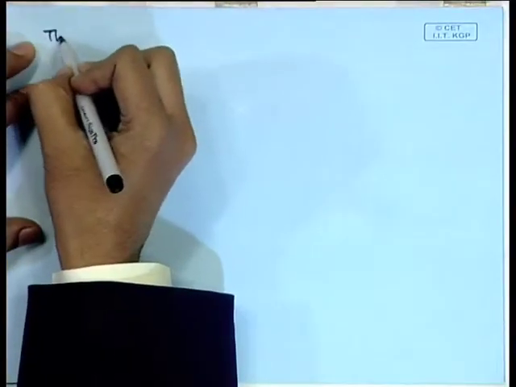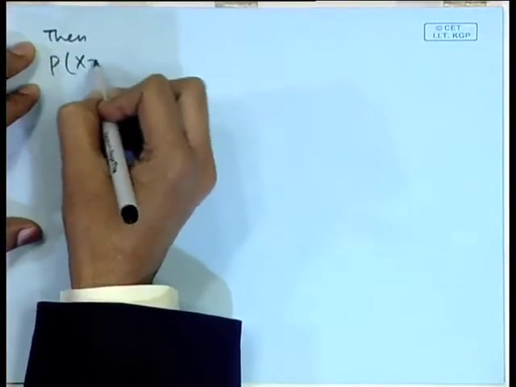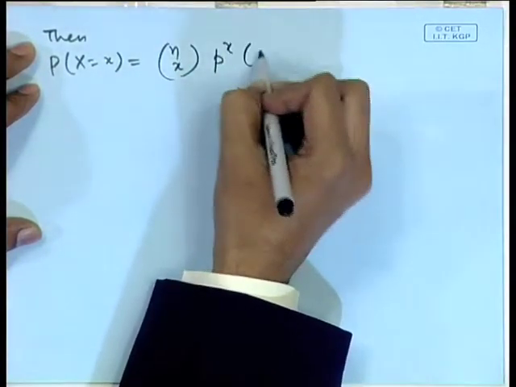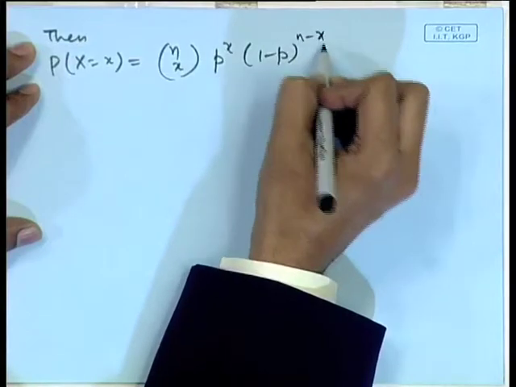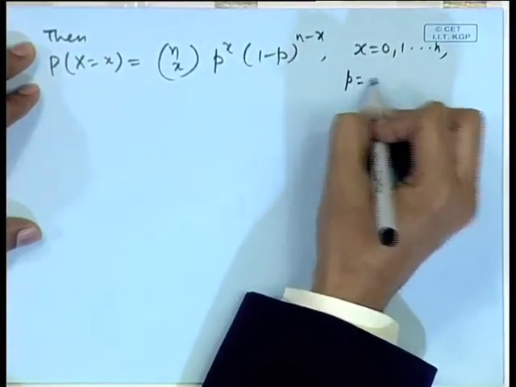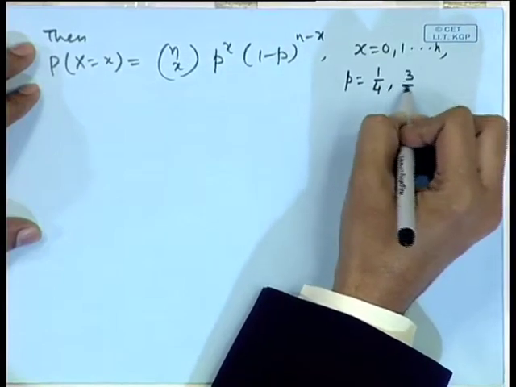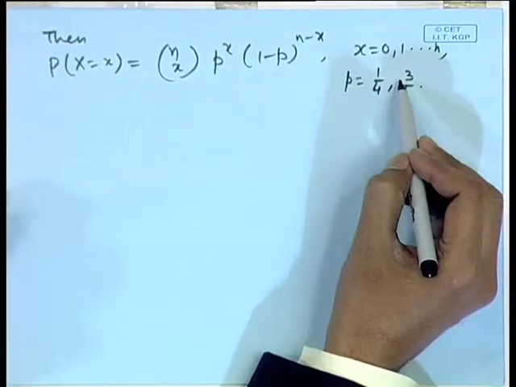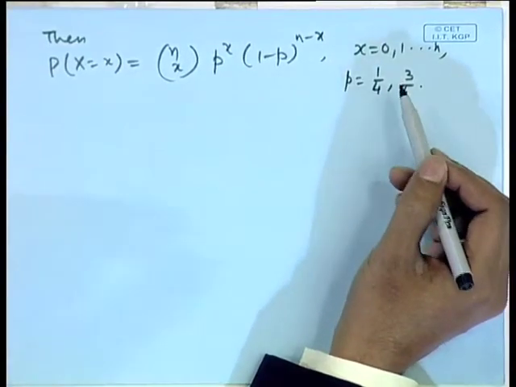Then you can write the distribution of x. Probability that X is equal to x is nCx p to the power x, 1 minus p to the power n minus x, where x can take values 0, 1 to n and p can take value 1 by 4 or 3 by 4. So, the parameter space is restricted to two values, 1 by 4 and 3 by 4, and if we want to estimate that, then we have to conclude whether p is equal to 1 by 4 or p is equal to 3 by 4.